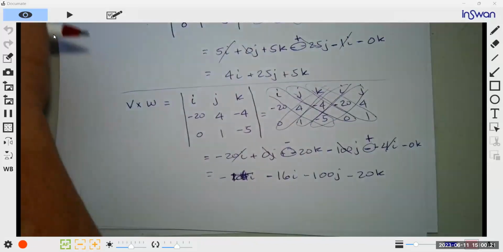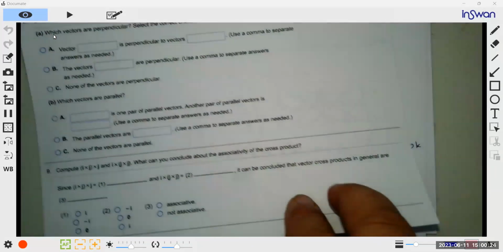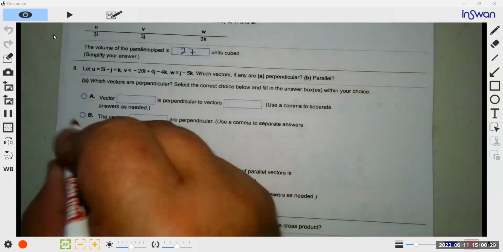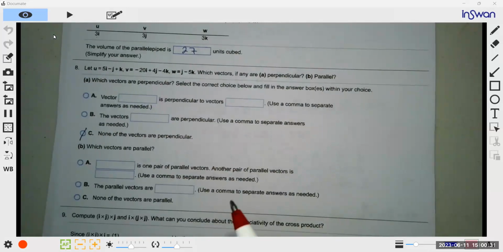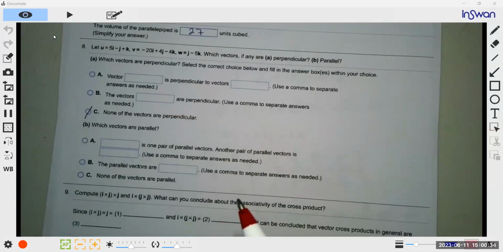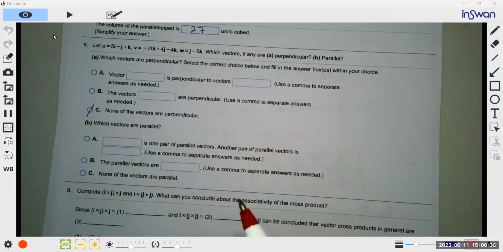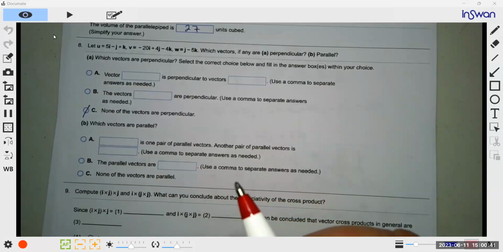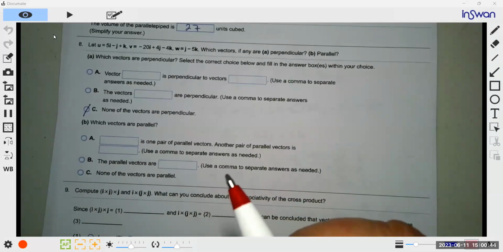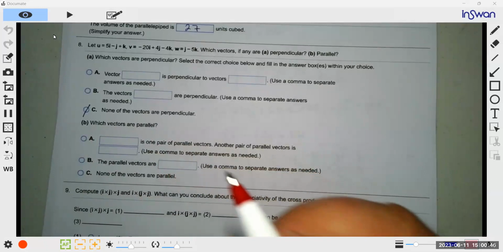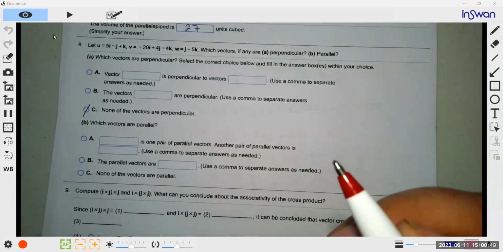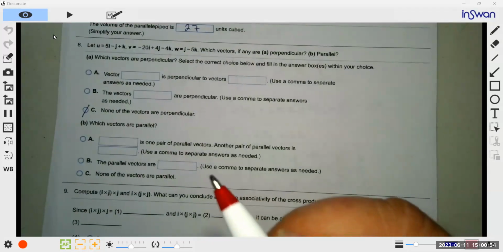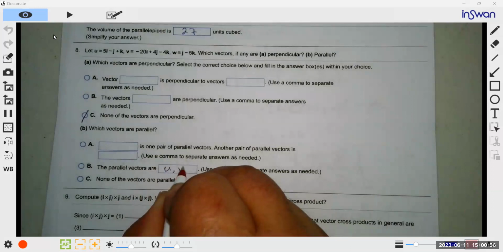They're parallel. None of them are perpendicular. The parallel vectors are U and V.